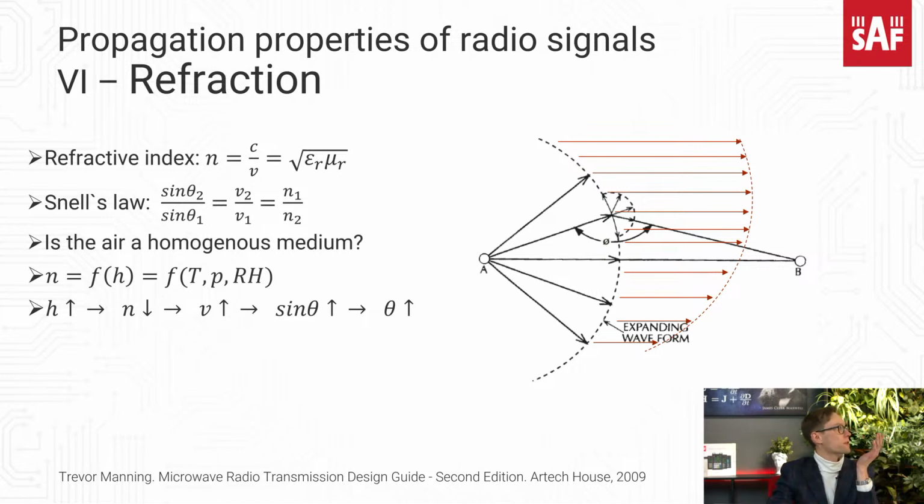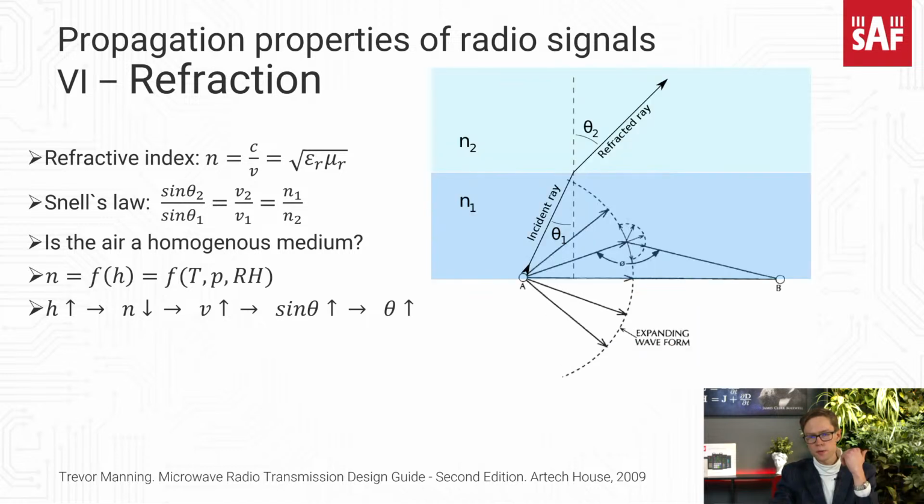So the refractive index becomes less, the speed increases, and the sine of the theta angle increases as well. That is why this wavefront travels faster than in case of the lower part of this wavefront.